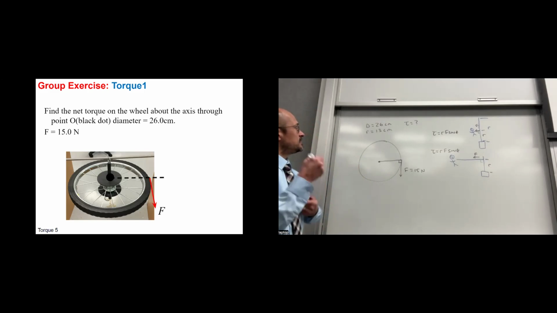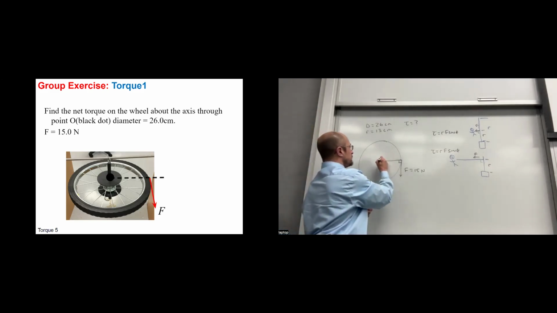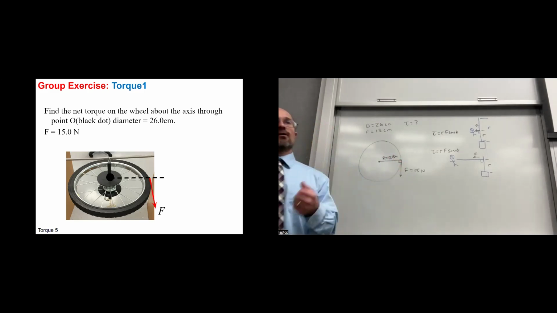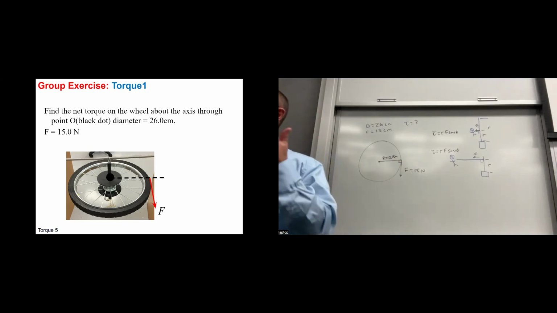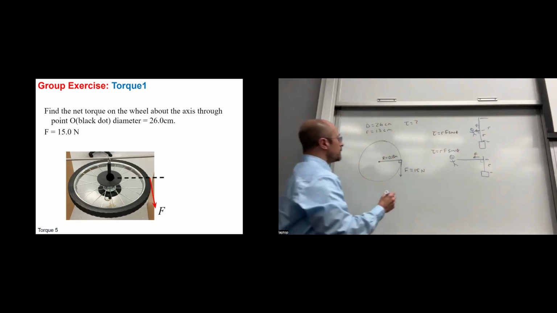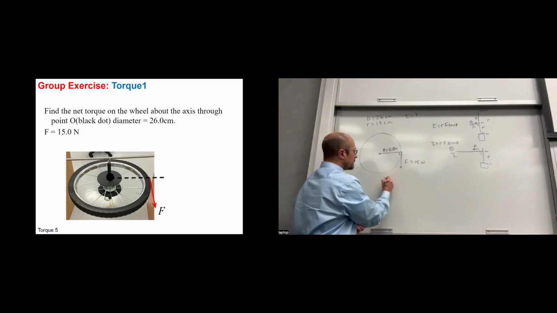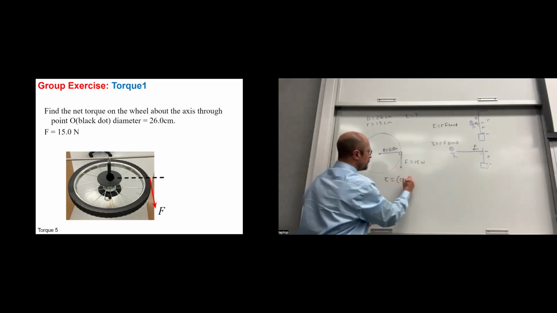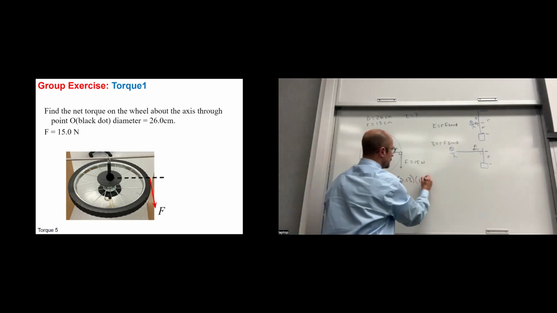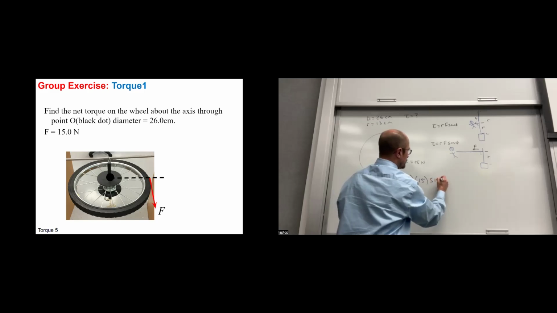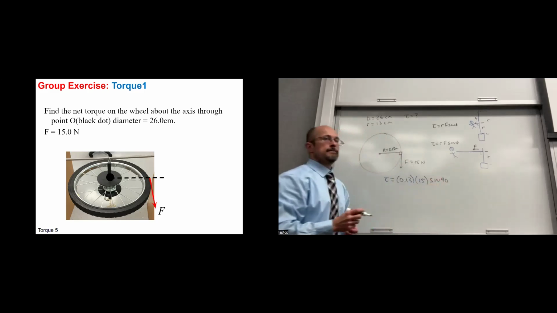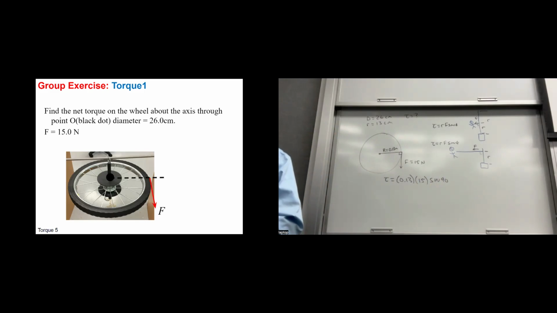All right. So what does this mean? This means that this rotation center is here. The R that we use is the 0.13 meters because all of our units are always kilograms, meters, and seconds. So when we go to calculate our torque it will be 0.13 times 15 times sine of 90.